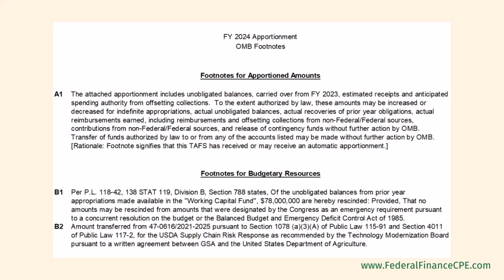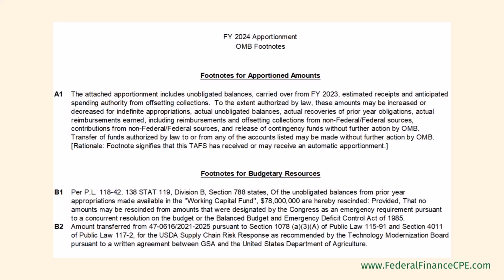That footnote states these funds were transferred for USDA supply chain risk response as recommended by the Technology Modernization Board pursuant to a written agreement between GSA and the Department of Agriculture. This shows how agencies can move funding between accounts to address emerging priorities, but it requires proper legal authority and documentation.